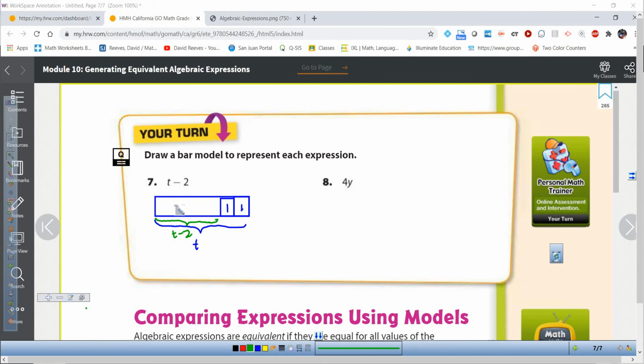And what we have here, this green part here, is t minus 2. Let's see if I can highlight this. The green part, we're going to associate with t minus 2.